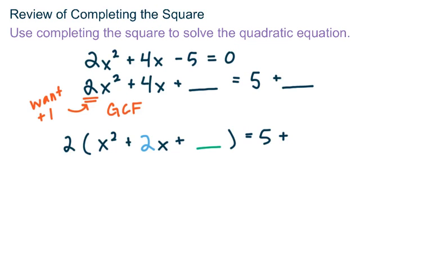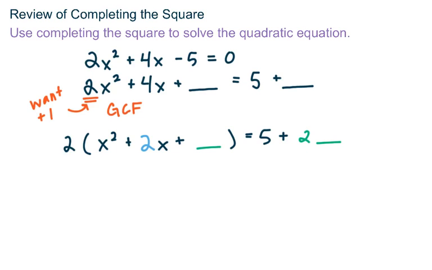And whatever I'm adding for that magic number, we have 2 times my magic number. So over here on the right, I'm going to have 2 times whatever that number is, because we want to keep it balanced, and we have to add the exact same value to both sides of the equation.